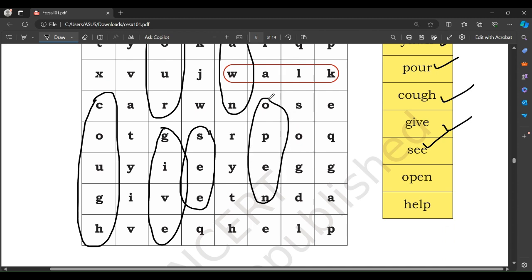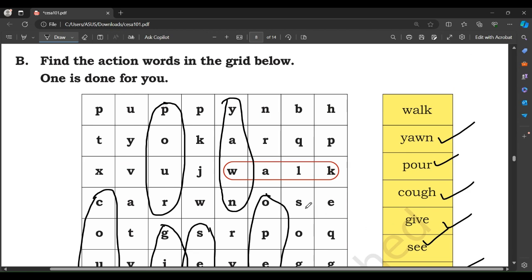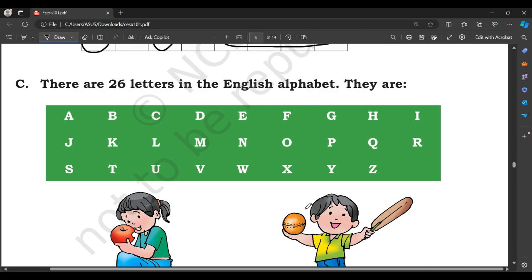OPEN. Yes, very good. Now the last word is help. Yeah, H is here. HELP. Help. Very good. We found all the action words in this grid. Right. Now there are 26 letters in the English alphabet.